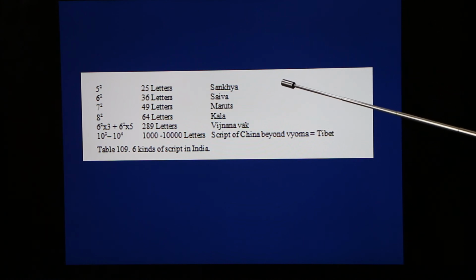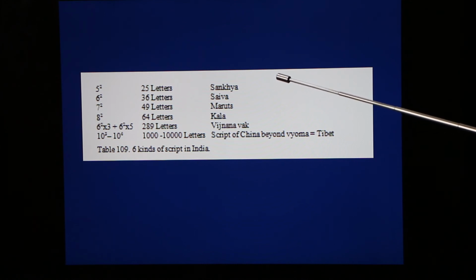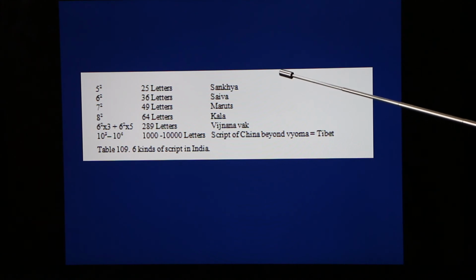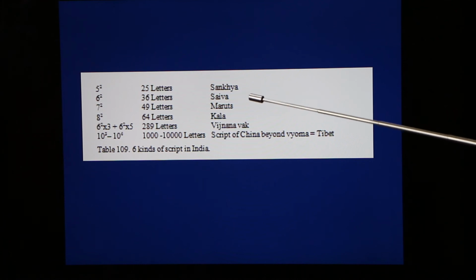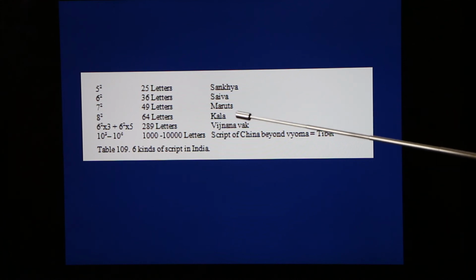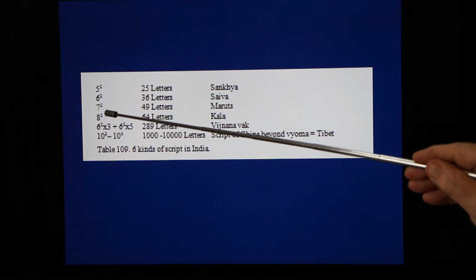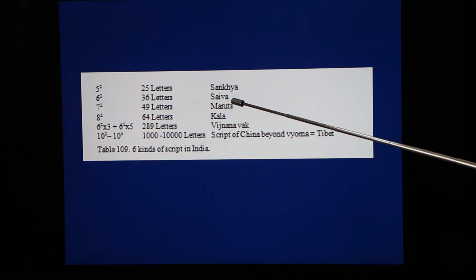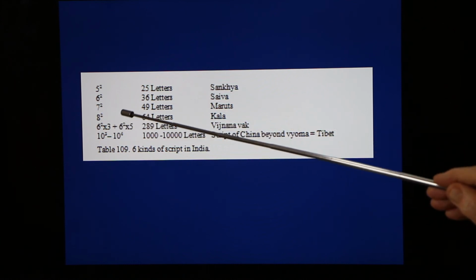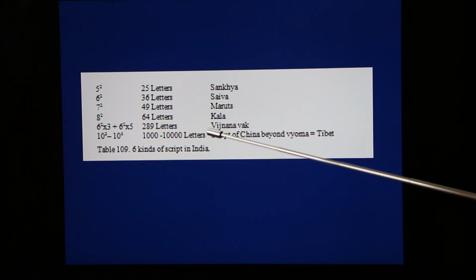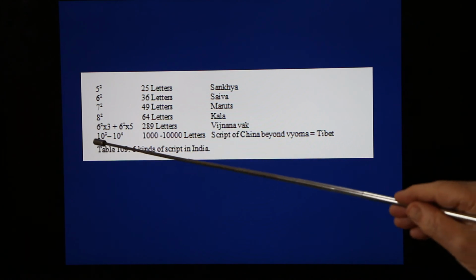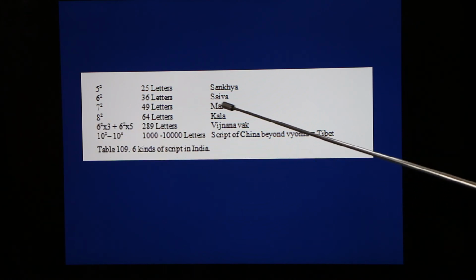That's the Sankhya school, which, as we showed, links up with the 25 tattvas, and if we go to Greece, links us up with the 25 stoicheia, or elements, that we have for the Greek alphabet and Greek philosophy. 6 times 6 gives me 36 letters, that gives me Shaiva. 7 times 7 gives me 49 letters, gives me Maruta, and also the 49 Maruts, or wind gods. 8 times 8 gives me 64 and gives me the Kala.